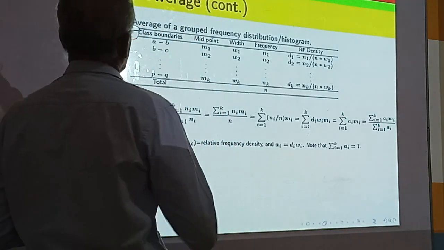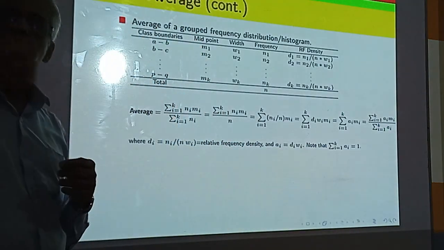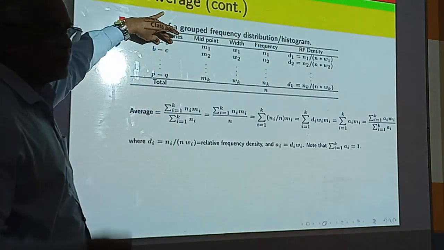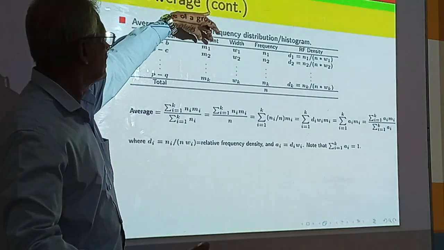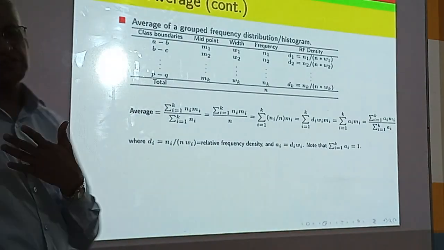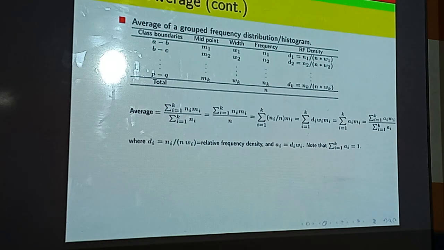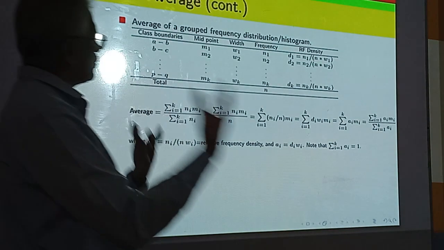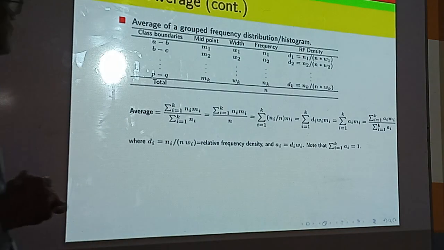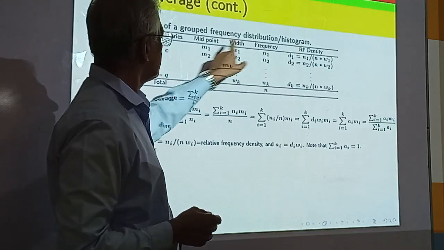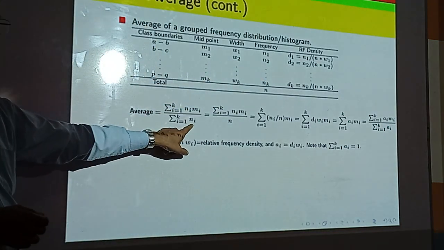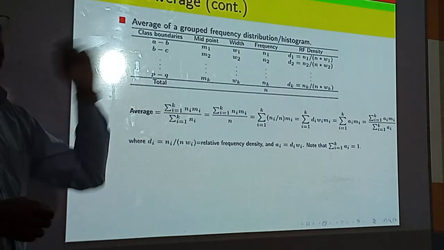You represent any number in this interval by the middle number, and then having n1 numbers in this interval, you assume it to be the same as the middle number appearing n1 times. So that's the most simple assumption you can make. So once you make that assumption, you can do the same thing that you did earlier. Midpoint times frequency, midpoint times frequency, midpoint times frequency. So the sum of ni times mi divided by the sum of n will be the average.